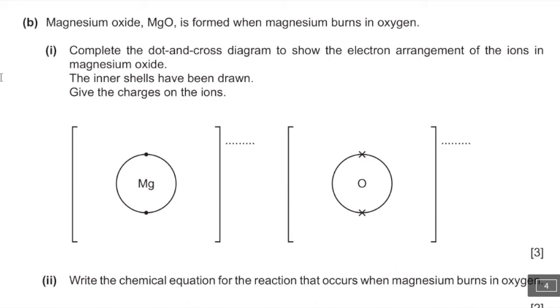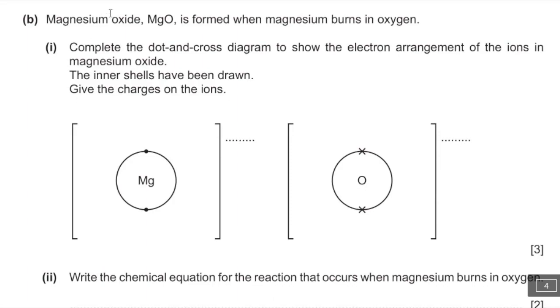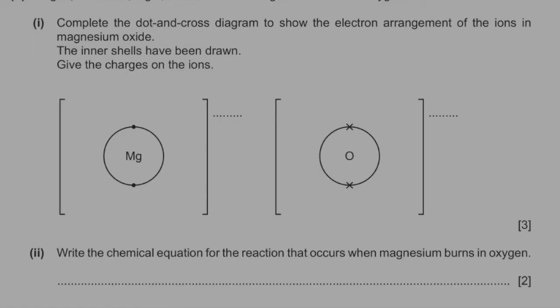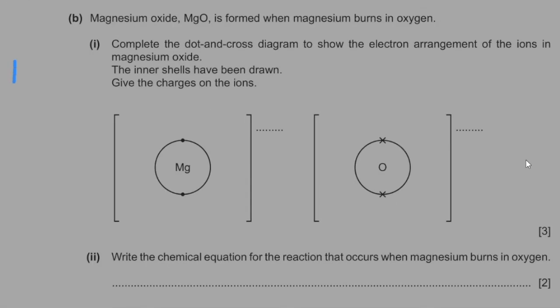B. Magnesium oxide is formed when magnesium burns in oxygen. 1. Complete the dot and cross diagram to show the electron arrangement of the ions in magnesium oxide. The inner shells have been drawn. Give the charges on the ions. Alright. So magnesium has the atomic number 12. To start with, it has 12 electrons and protons.